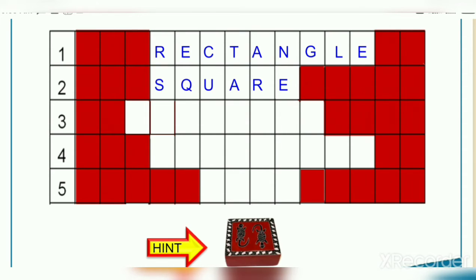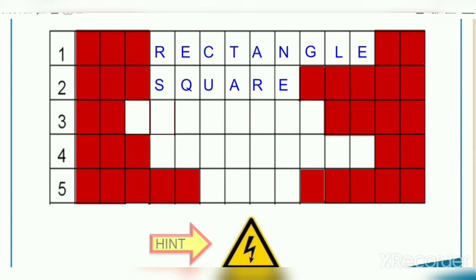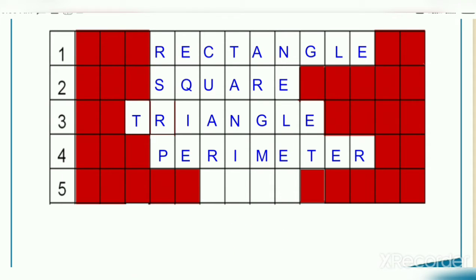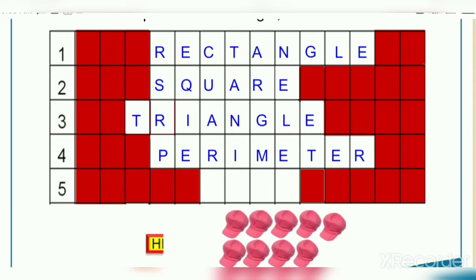It's a square. 3 into S shows perimeter of which figure? It's a triangle. What is the distance around the edge of the figure? It's a perimeter. What is the perimeter of triangle when each side is 3 centimeters? It's 9.